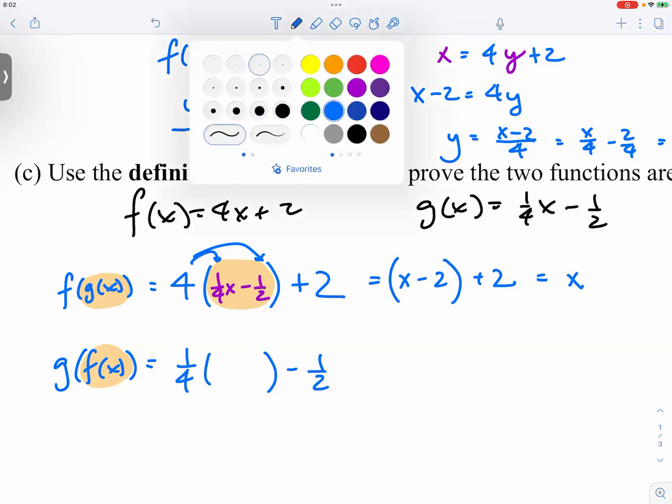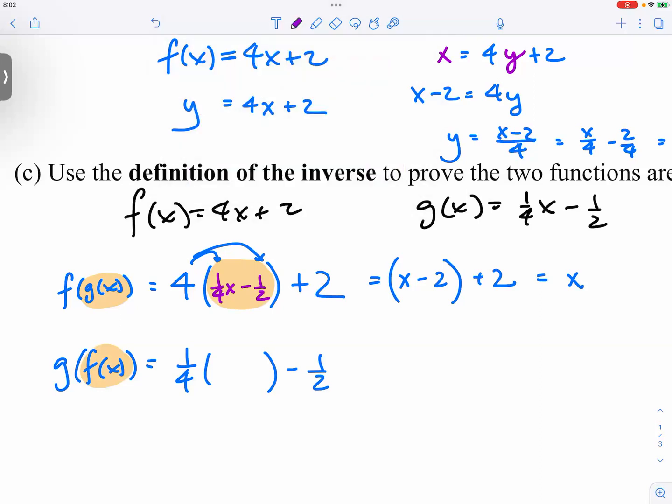And then to put things into the g function, we would put the function f into the g function, okay? And then you will distribute the 1/4 into the parentheses. So 1/4 times 4 is just 1.